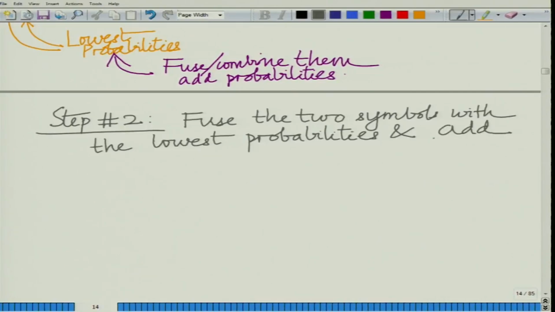That is the most important thing. We add their corresponding probabilities.